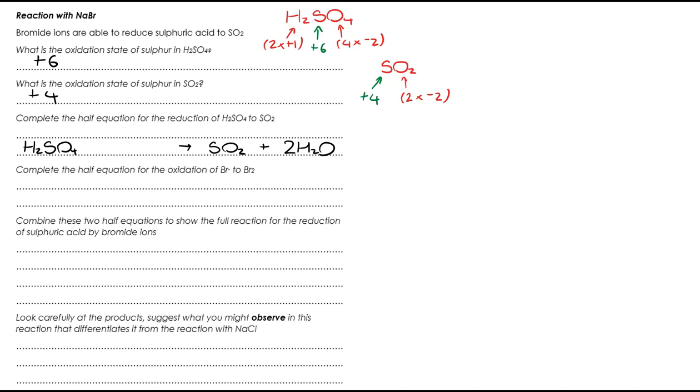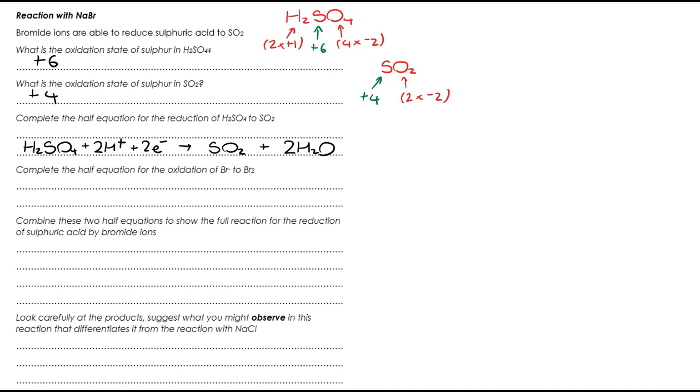I've got 2 hydrogens on the left, I've got 4 on the right, so I need to add 2 H+ on the left hand side. And the final rule, rule 4, is you balance the charge by adding electrons. Now my total charge on the left here is +2. My total charge on the right is 0, so I need 2 electrons to balance that out.